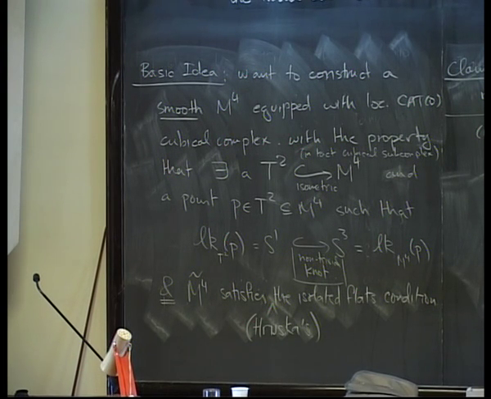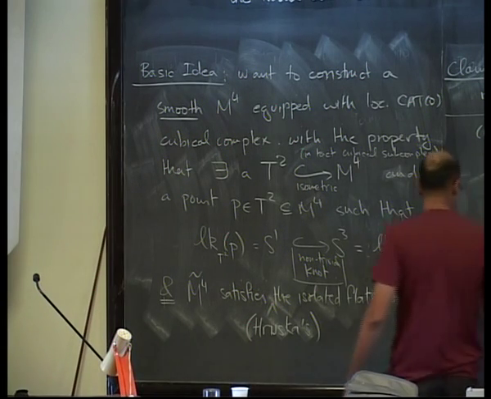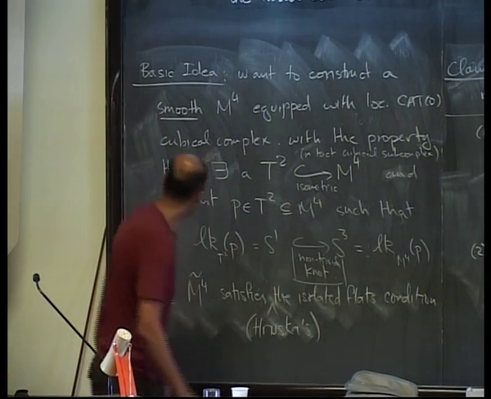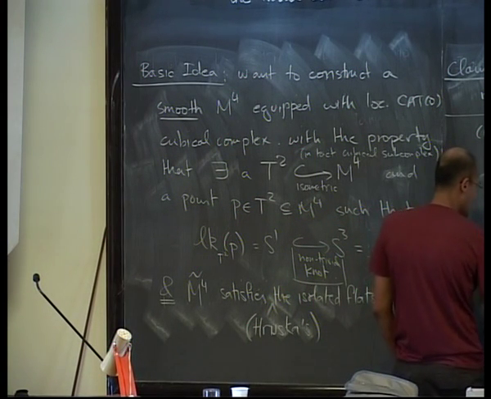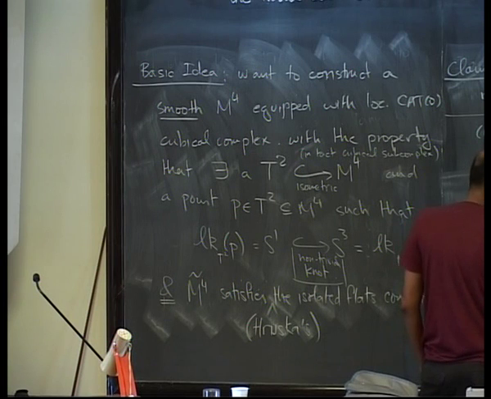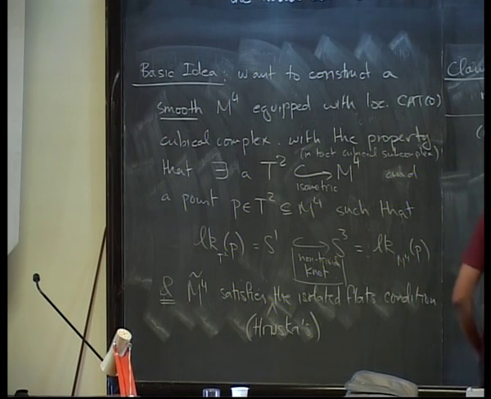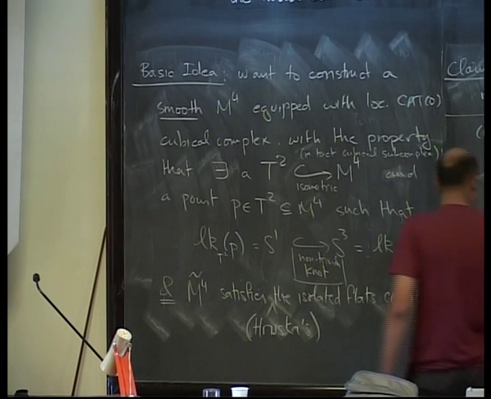And then the second step is coming back in. For any other equivariant locally CAT(0) metric, let me say it this way.